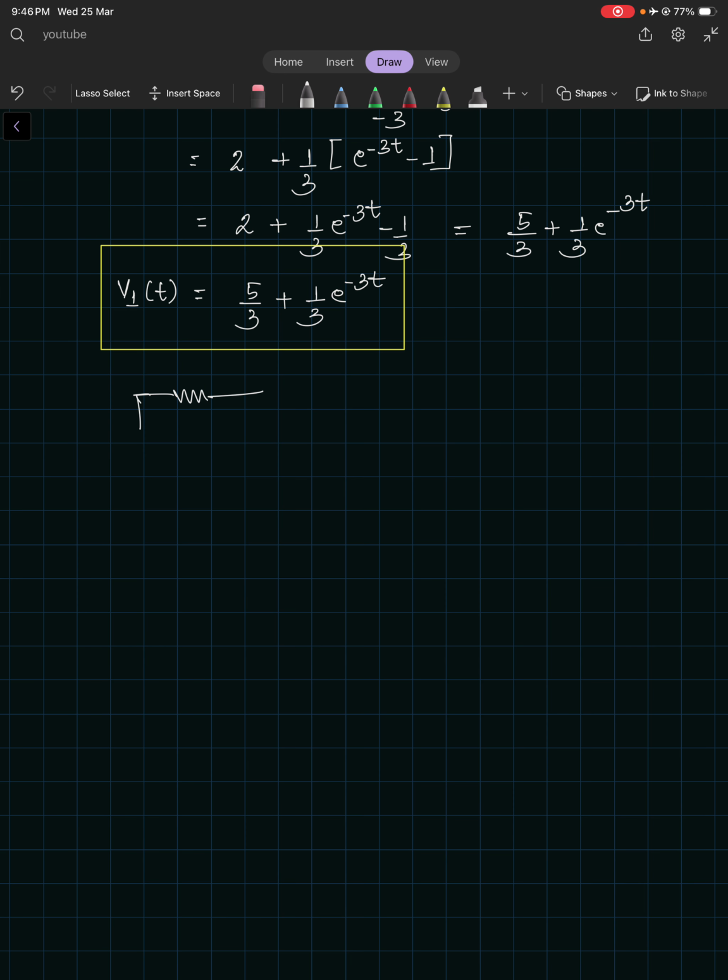Let me draw the circuit once again. This was the C1 part, this was the C2 part, this was R. This was V1, this was V2.